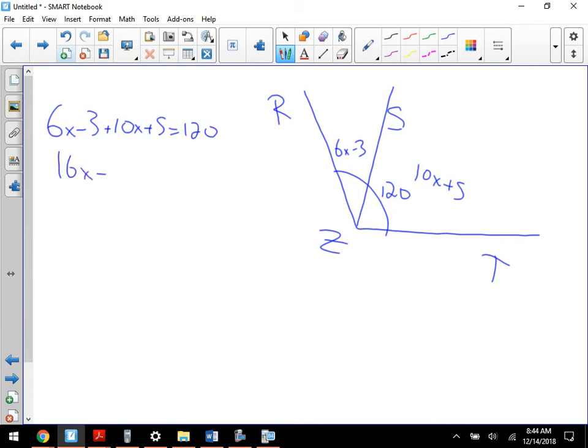So 16x and 2. It's supposed to be 6x minus 13. Oh, sorry, I didn't see that. Change that real quick. So we have 16x minus 8 is 120. And I think x is 8, if I'm not mistaken. Okay.